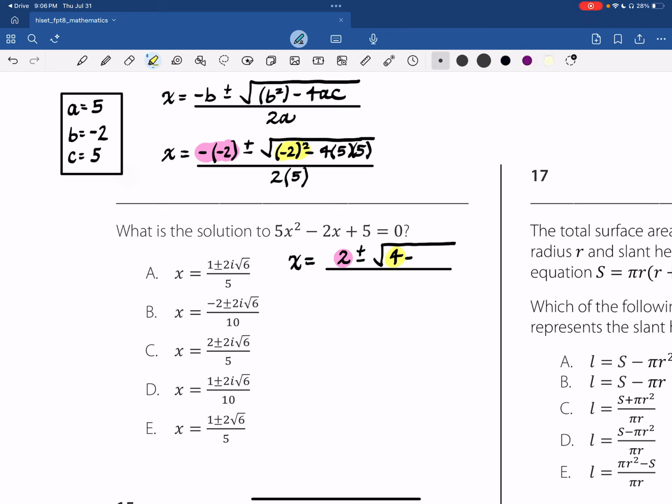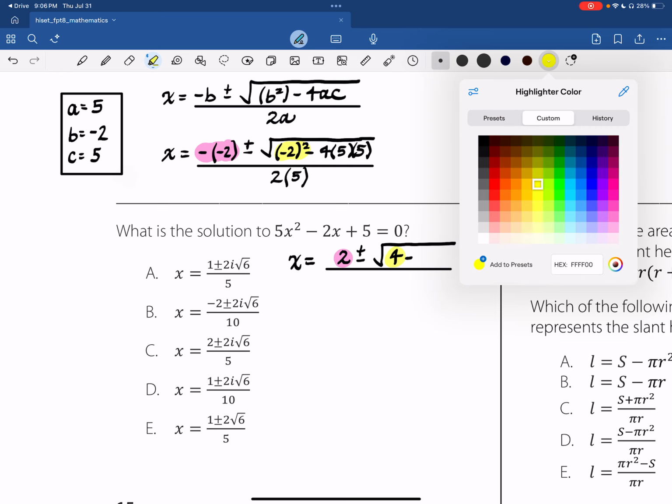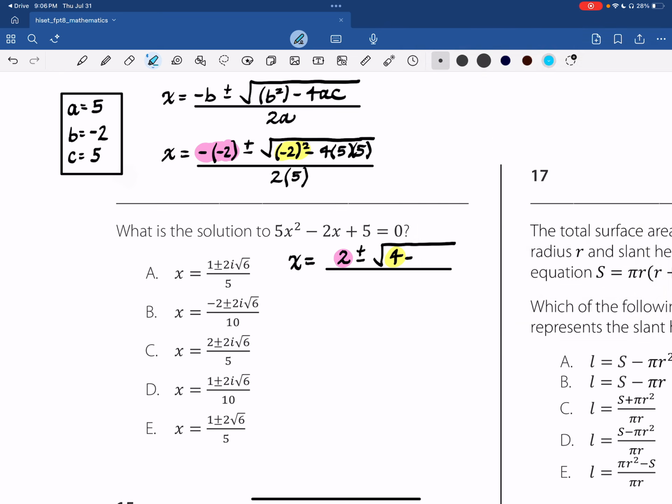Minus, oh boy, this is where our imaginary numbers are going to be introduced. 4 times 5 times 5, that's 4 times 25, or 100. So all I'm doing is simplifying.